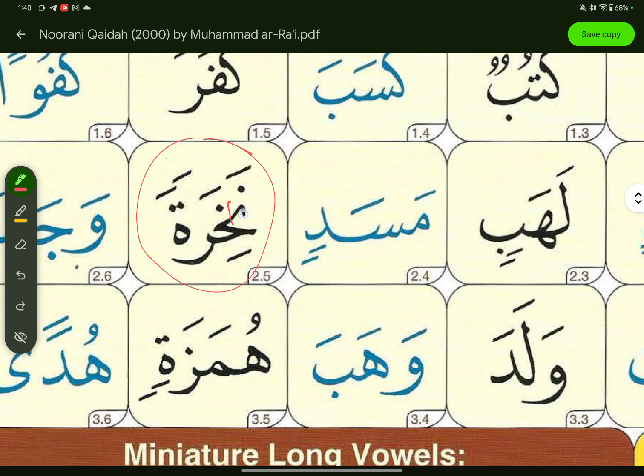The first one is noon. Alright? Na. Oh, it has a kasra at the bottom. Above and below. Okay. Na ki. Okay, na ki.